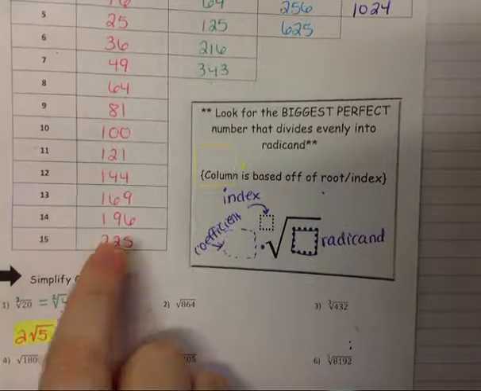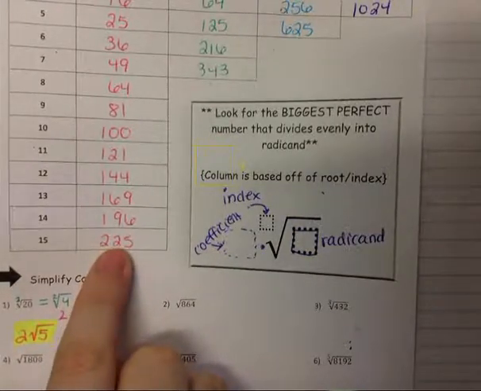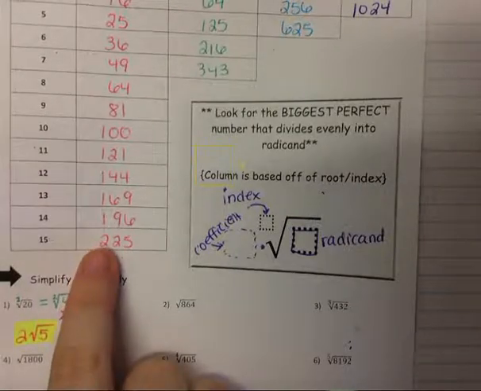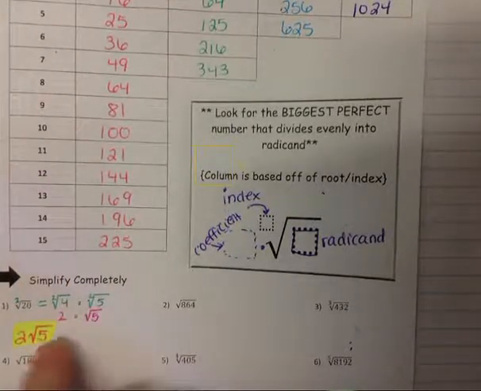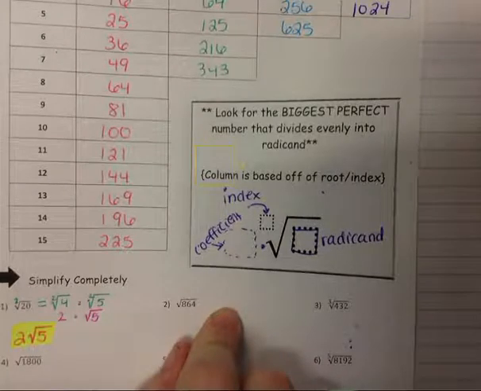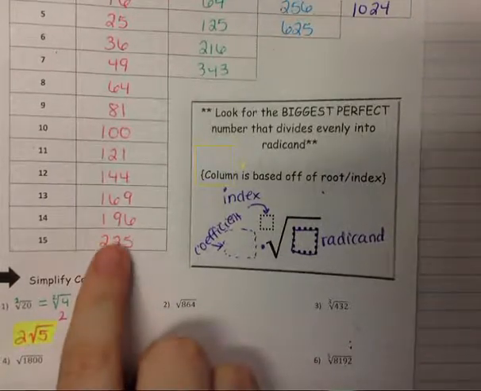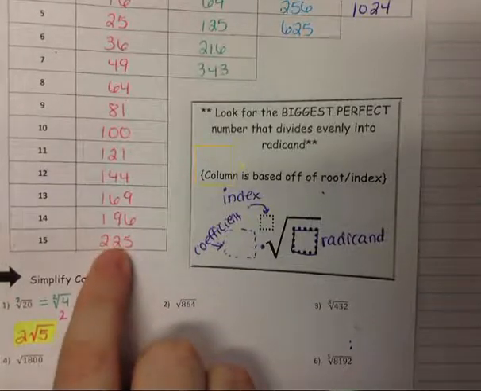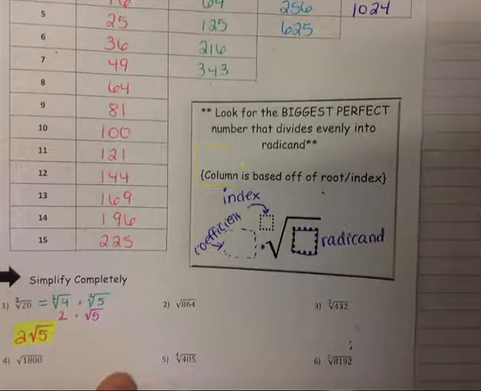Now 225 is the largest one we have on the column. That does not mean it is the largest number possible though. So when we do this, we definitely have to make sure that our radicand that we get cannot be simplified further, because it might have to go further because we don't have all of the numbers listed out.